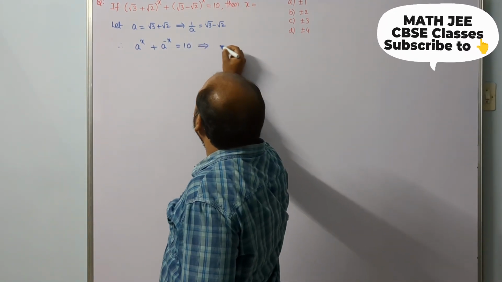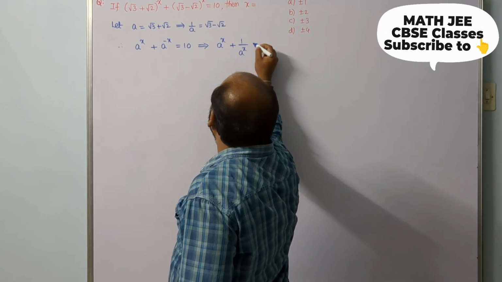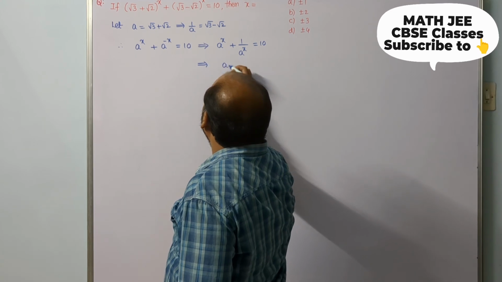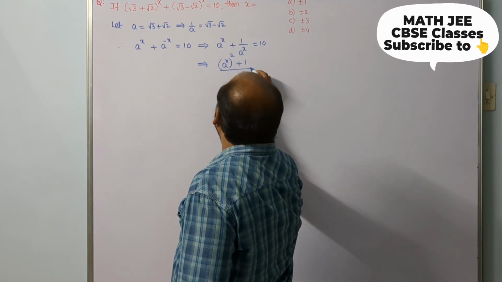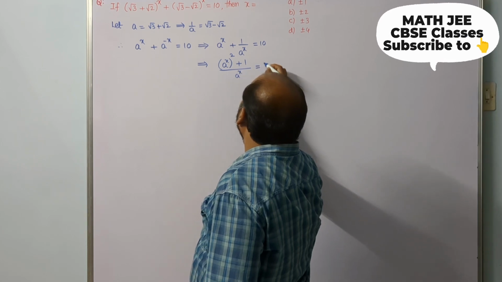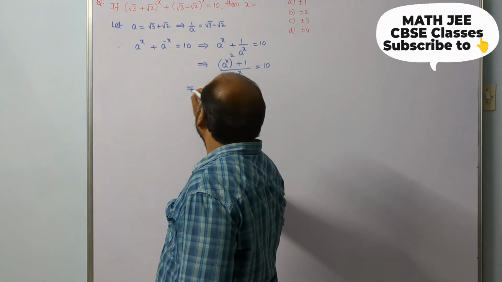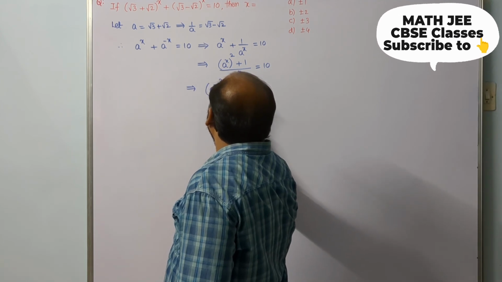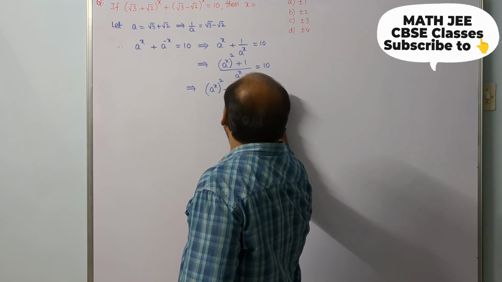That implies a power x plus 1 by a power x is equal to 10. Now cross multiplication: (a power x) whole square minus 10 a power x plus 1 equal to 0.